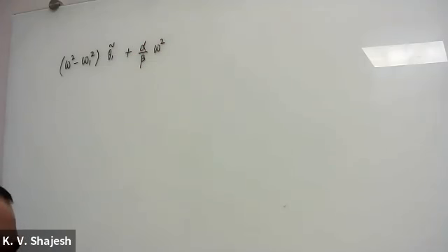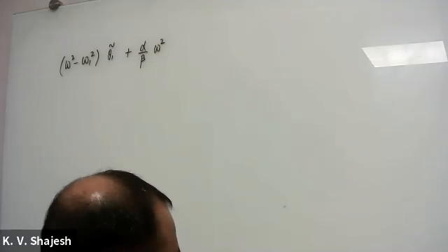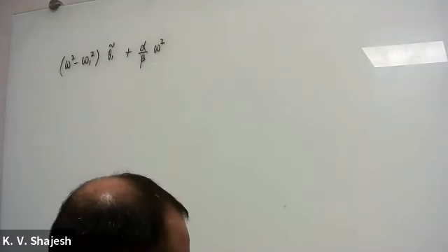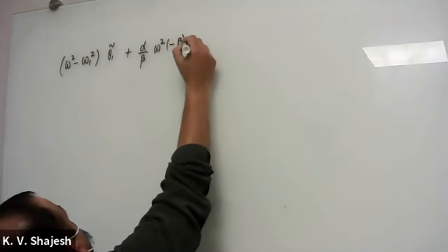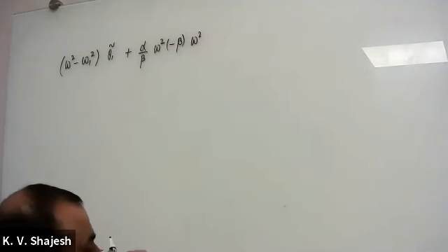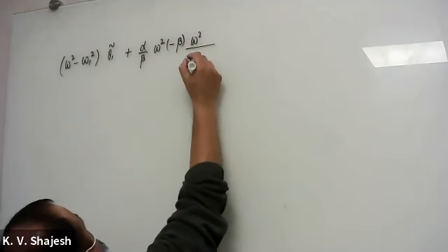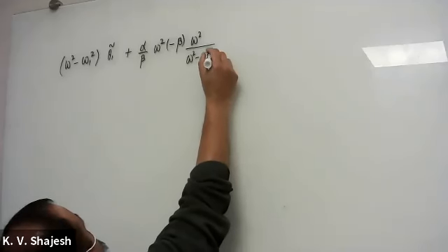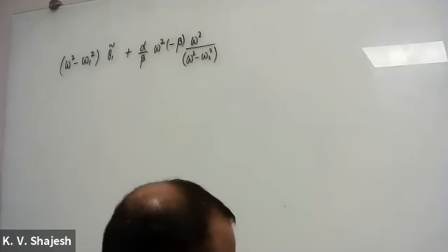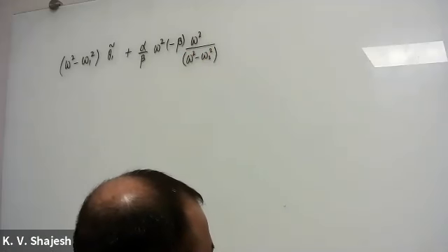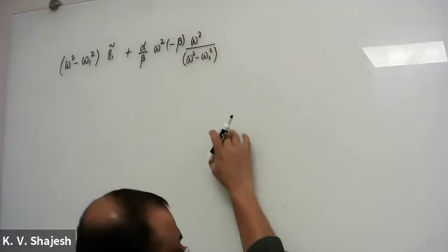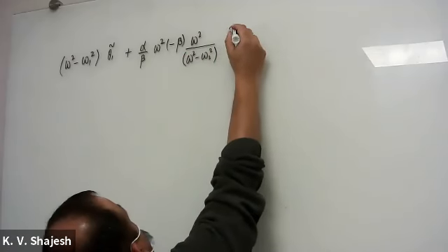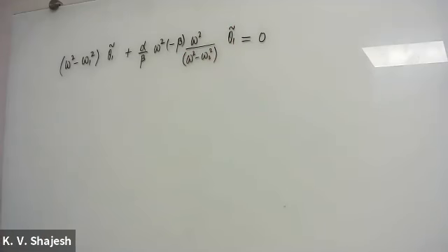But theta 2 itself, I can solve for using the next equation, which gives me minus beta omega square over omega square minus omega 2 square, and that's theta 2, times theta 1 tilde, all equal to 0. Are we good?